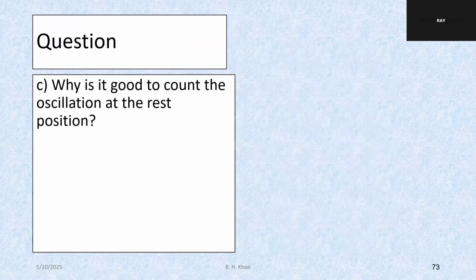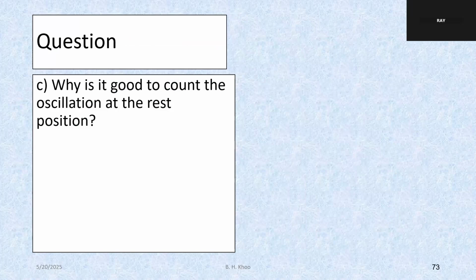Okay, question. Why is it good to count the oscillation at the rest position? When you do the simple pendulum experiment, why is it good to count the oscillation at the rest position rather than always counting at the right-hand side or left-hand side?